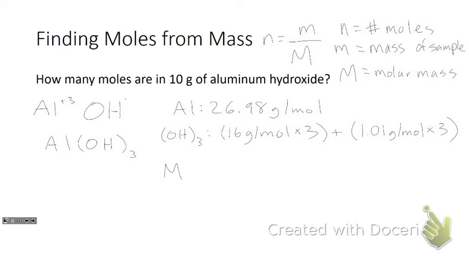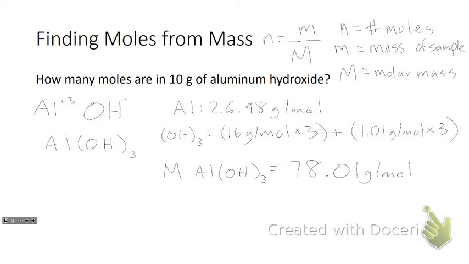So big M of Al(OH)3 is equal to what? Is equal to 78.01 grams per mole. So that is my big M.